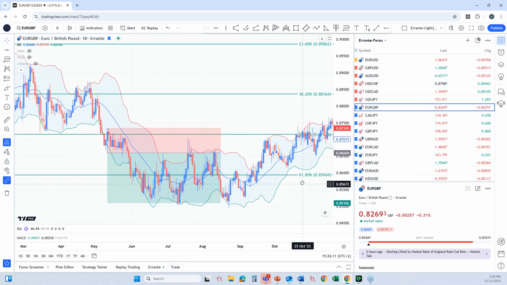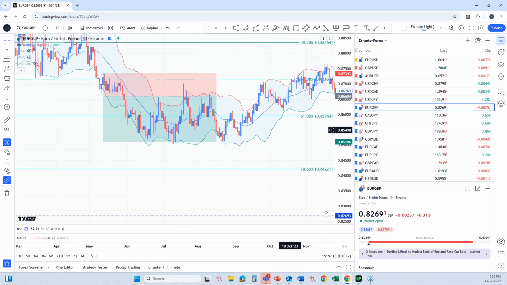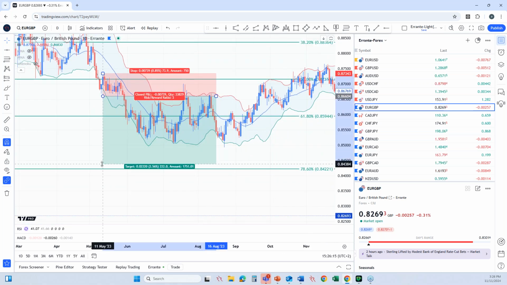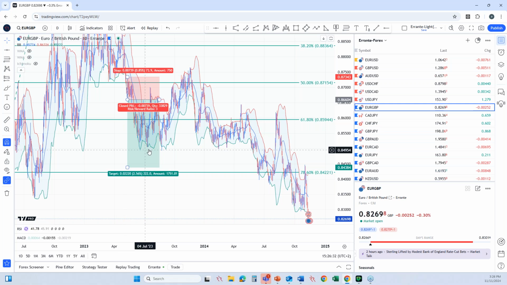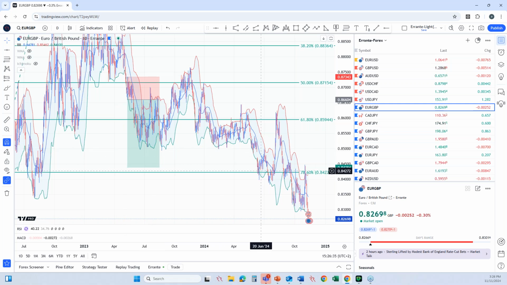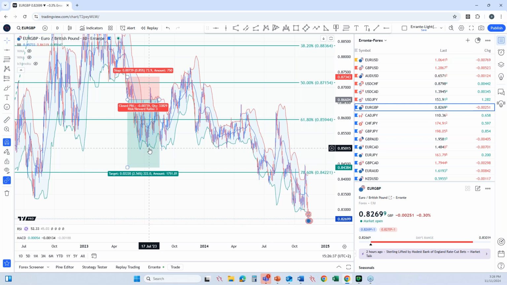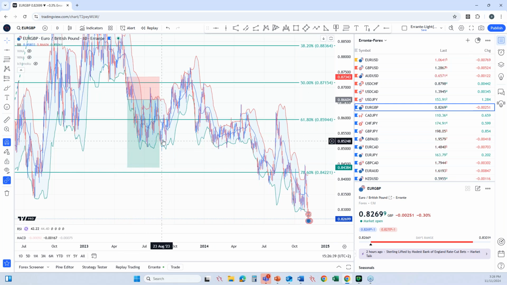For example, in this example, if I set my risk to reward ratio to 3, which means I expect the price to move below the 61.8% and then hit the 78.6%. In that case, you see, I needed to wait for a long time. And also you see that the price bounced back sometime, and that hit my stop loss here.